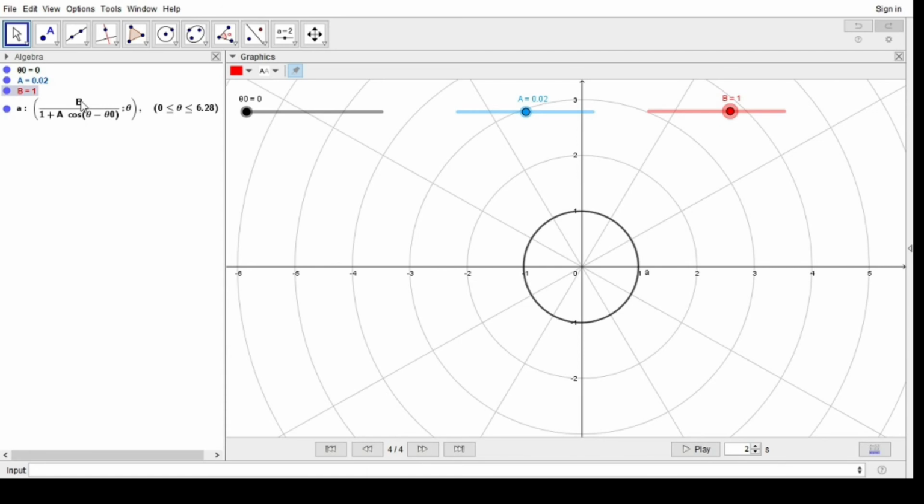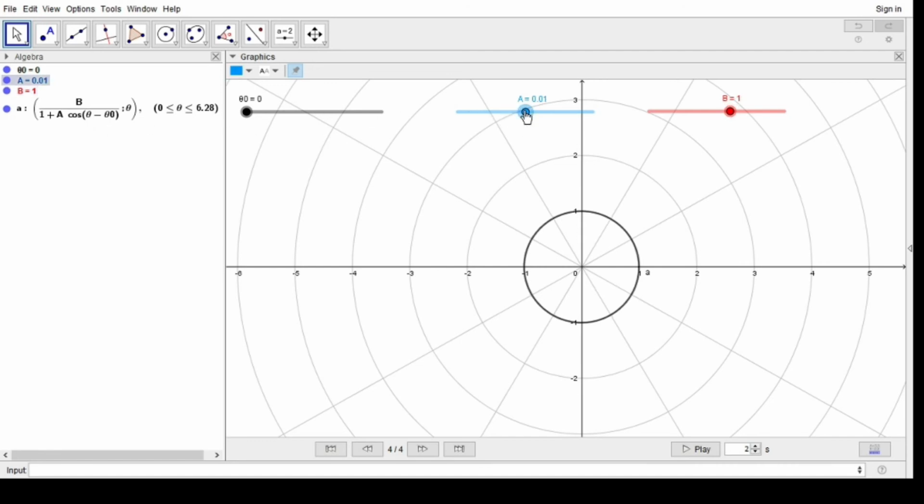Now, the b is really ml squared over k, as in the notes, and the a has the ml squared over k constant built into it, but it also has a coefficient which we actually called a in our notes, and it's got this initial angle. And so I'm just going to show you what the solutions look like graphically to this equation for various values of what I've used here as a, b, and theta naught.